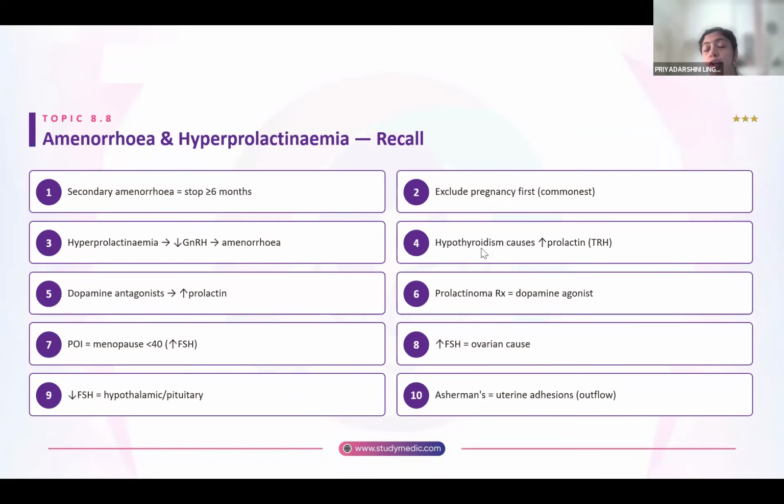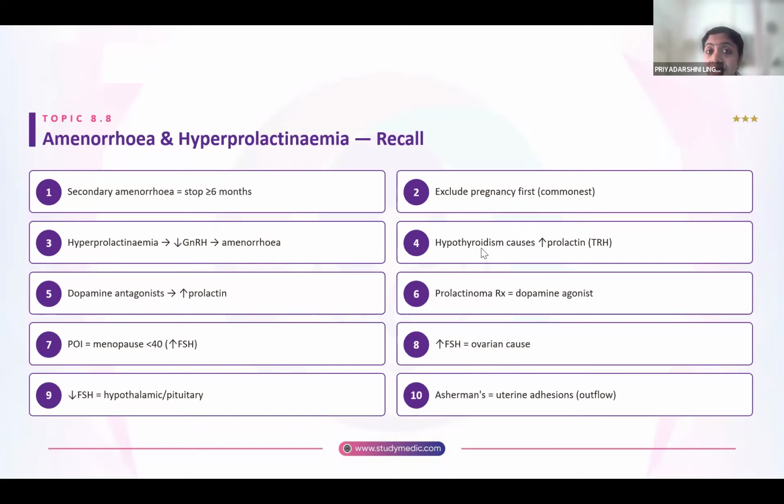Coming to premature ovarian insufficiency, menopause less than 40 years. How do you diagnose it? FSH levels. What is the value of FSH? It's going to be more than 25 on two different occasions taken 4 to 6 weeks apart. This is a very, very key important point. I'm repeating it once again. Premature ovarian insufficiency is diagnosed in a woman less than 40 years who has got menopause. And what do you do with the labs?